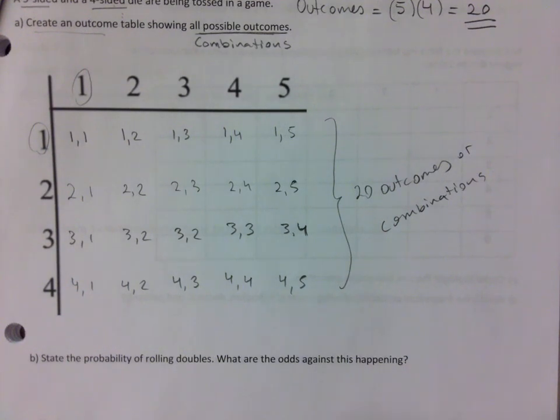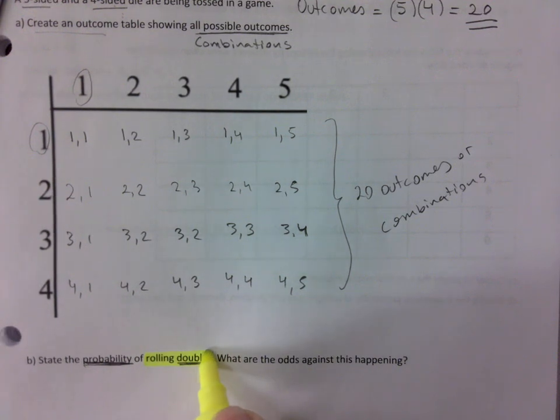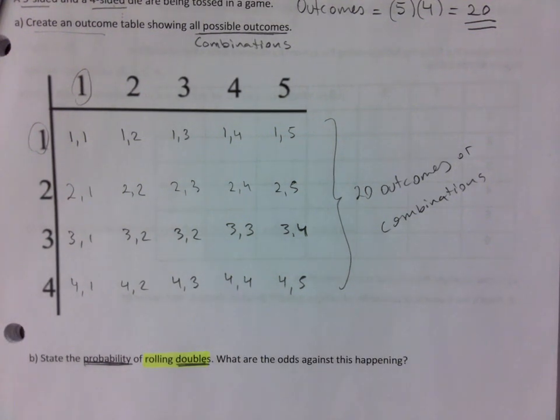So, what if I asked you to state the probability? After marking the quiz, some of you mixed up probability and odds, right? So you've got to read carefully. Probability of rolling doubles. Okay, let's figure that out first. So rolling doubles, I'm going to highlight that, whatever color you choose.